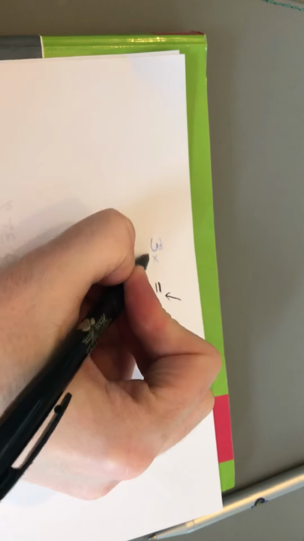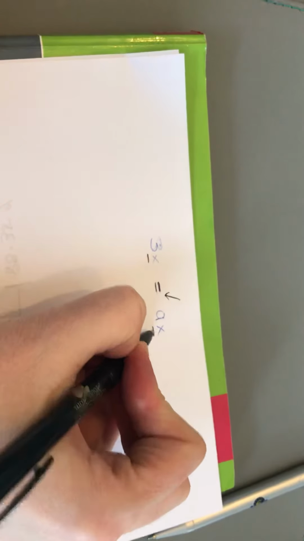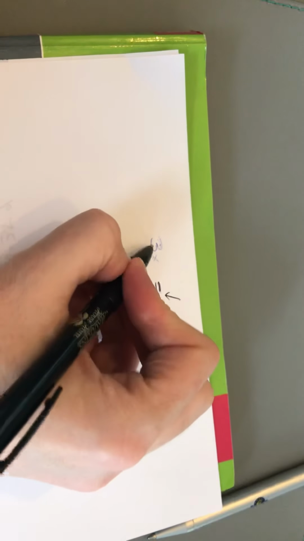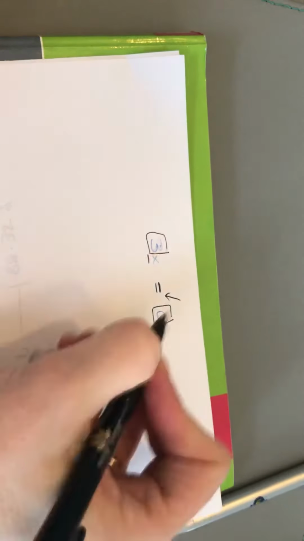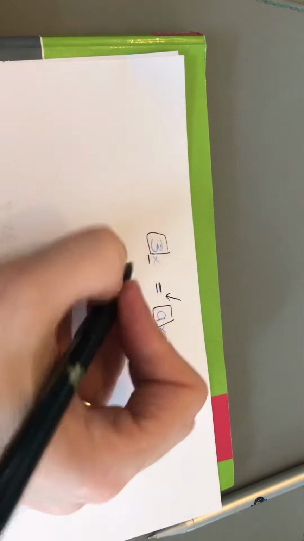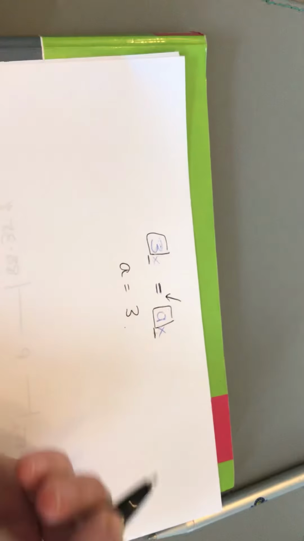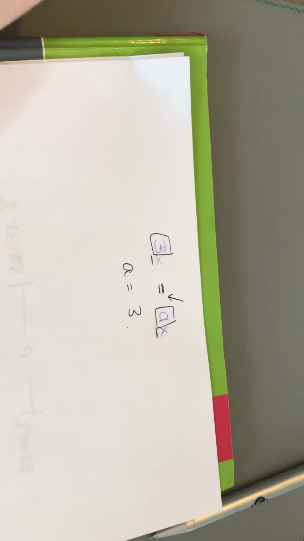Well, this means they're matching off, and that means that the coefficient of the x has to be 3. There's nothing else going on here. So a has to be 3. And it's just called identities.